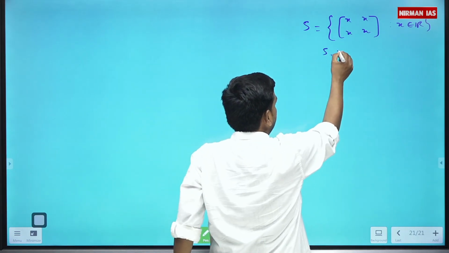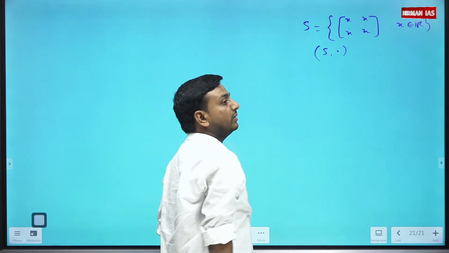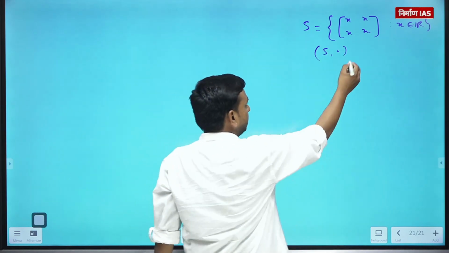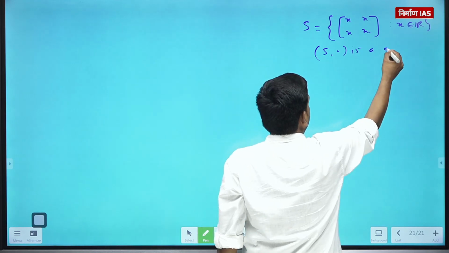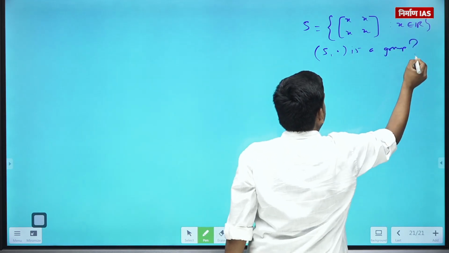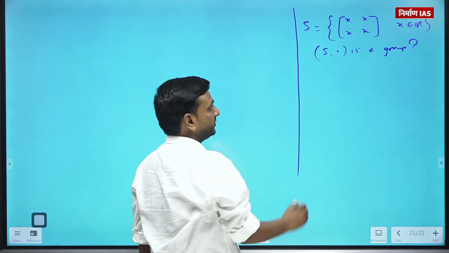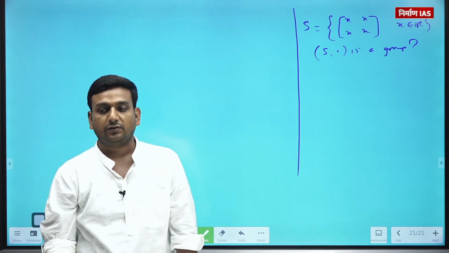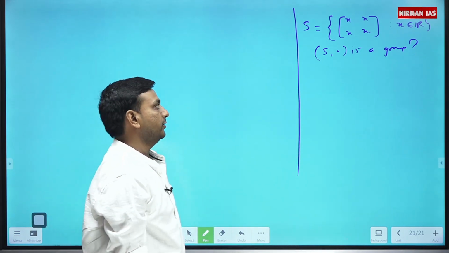You tell me if this composition is multiplication of matrices, then is it a group or not? That is the task for you guys. Just check how it's going to work.